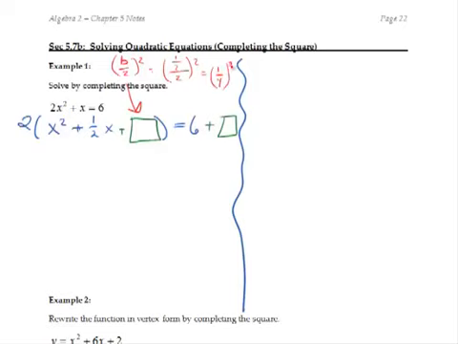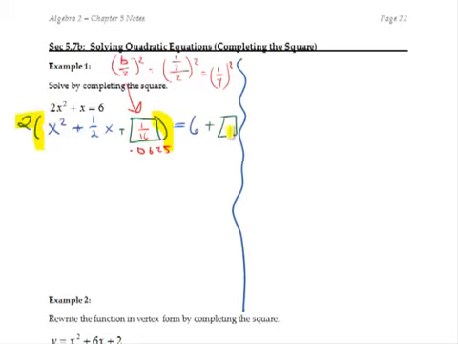And then we need to square that, so we end up getting 1/16 over here. Or if you're using your calculator and you got a decimal, you would have 0.0625.